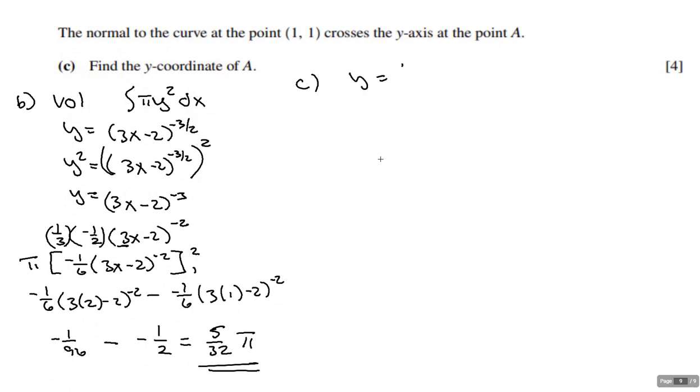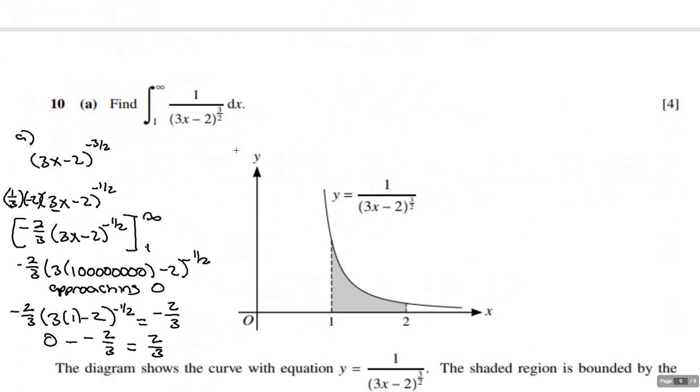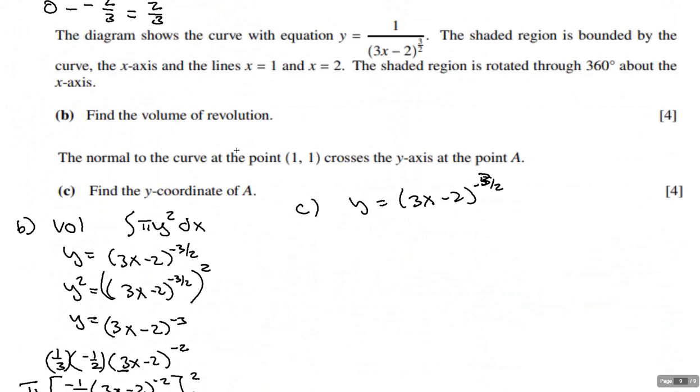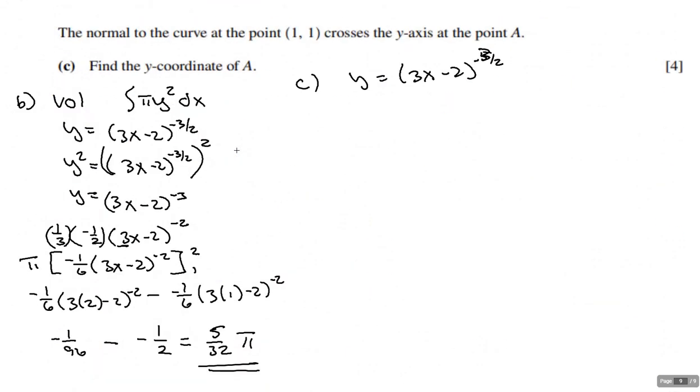Okay, so now in part C, they want us to find the normal of this curve. Now we've got the equation of the curve, and so in order to find the normal, we need to find the tangent slope. And then in order to do that, we need to find the derivative of my curve. So I'm going to find the derivative of the original curve.